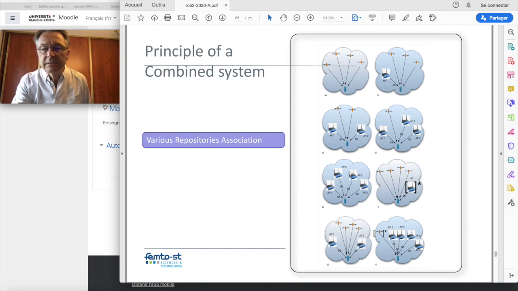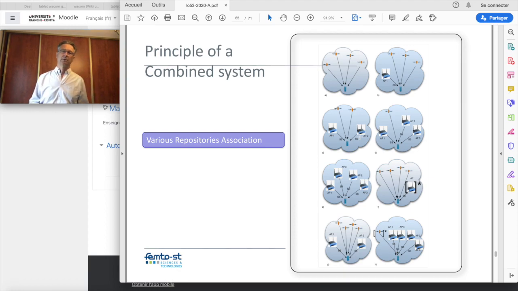Sorry, it's this drawing. And the idea is to use, when it's possible, when you have not more than 3 satellites, you can use one Wi-Fi access point. Sometimes you have 2 satellites, 2 Wi-Fi access points.